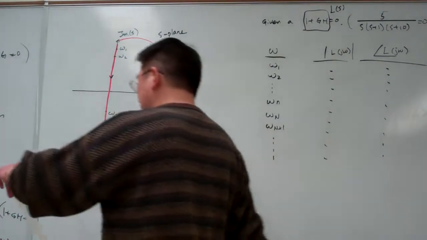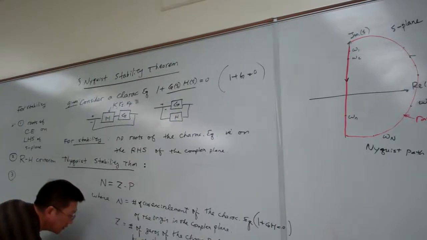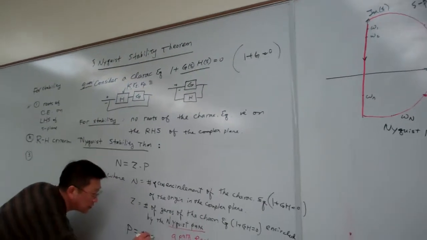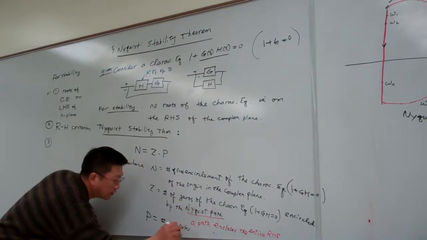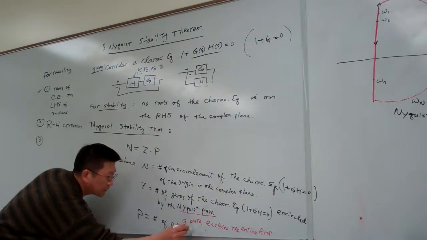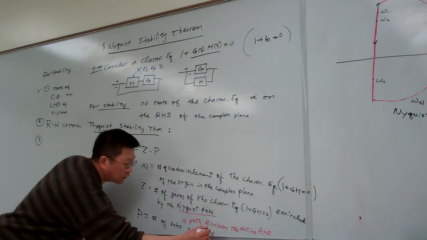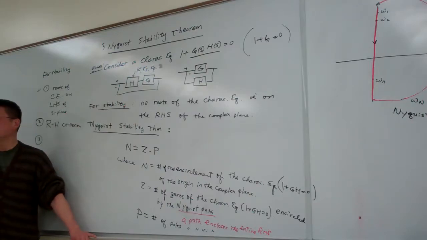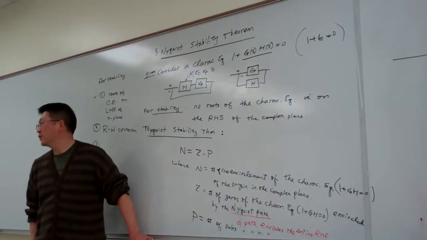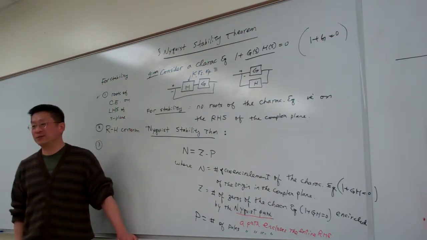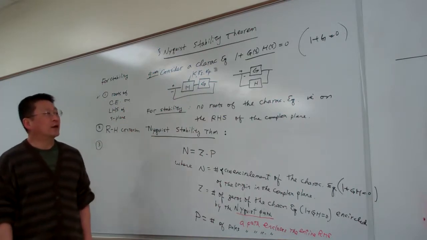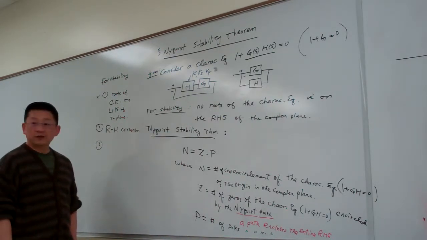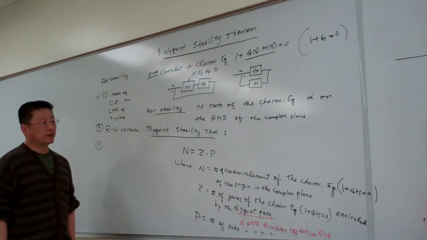So P here is again the number of the poles of something, the same thing here, okay? So Z represents the number of the zeros and P represents the number of the poles here. Okay? Any questions so far? We're only halfway through this explanation of the theory. Okay, so that is the way.